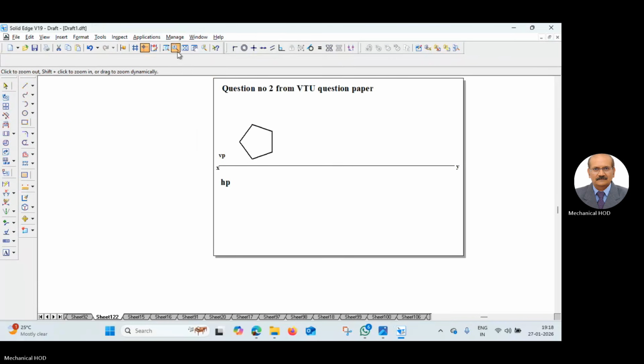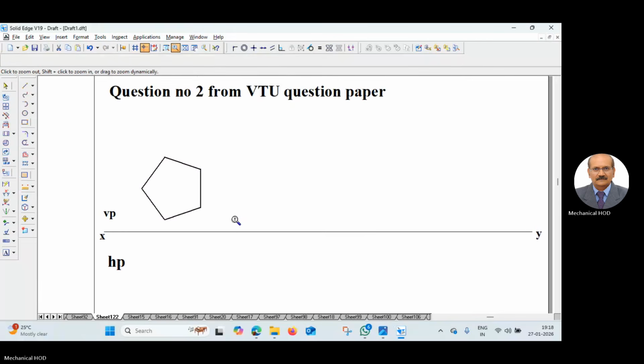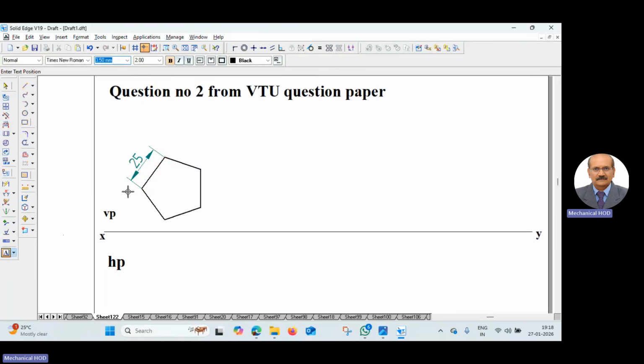Now do the dimensioning. This is a lamina of 25 mm. Name it. It is resting on the corner A, so A should come to your left side.